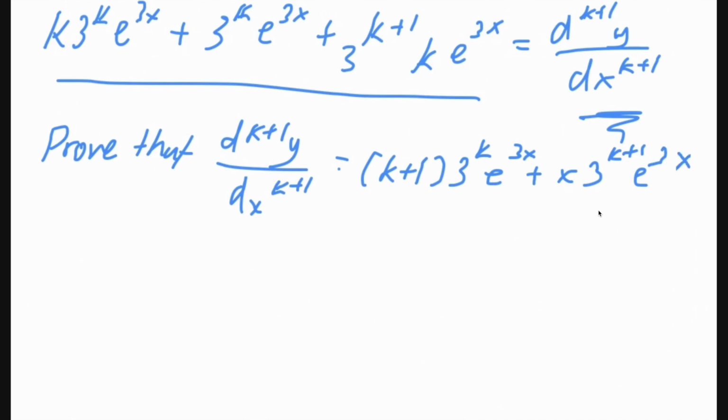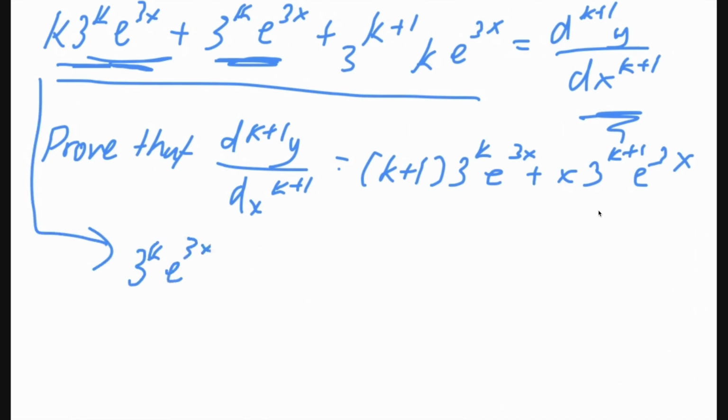So now we're really close, and we notice that, hey, let's take a look at the first two terms of the equation that we've got. We notice that we can factor out 3 to the k times e to the 3x. So we're just going to factor that out. And what are we left with?